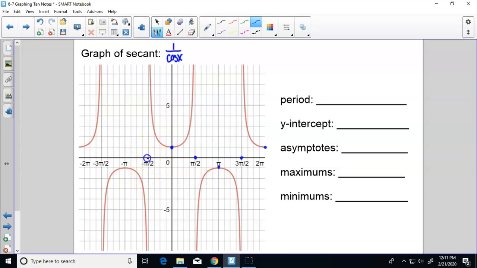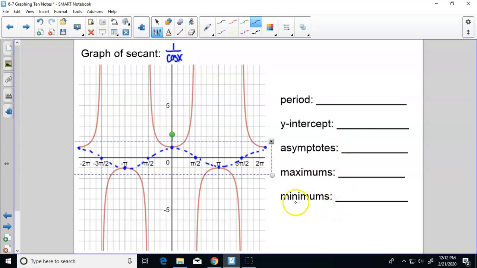You can see that cosine of x fits right between these functions. So a lot of times when I'm looking at the graphs of these and I have questions, I think about the cosine function, although the graph looks a lot different.